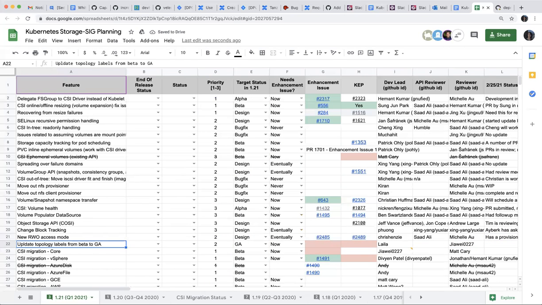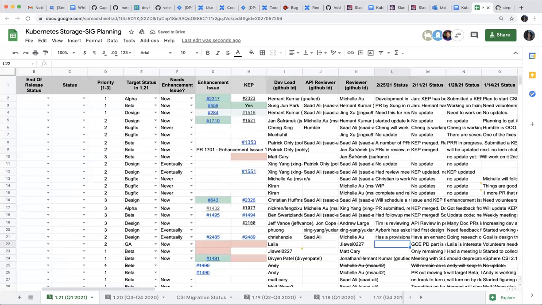Next one is update topology labels from beta to GA. Do we have Lena or Jiawei here for an update? Yeah, so I think currently the GCE PD and AWS EBS update has been done.